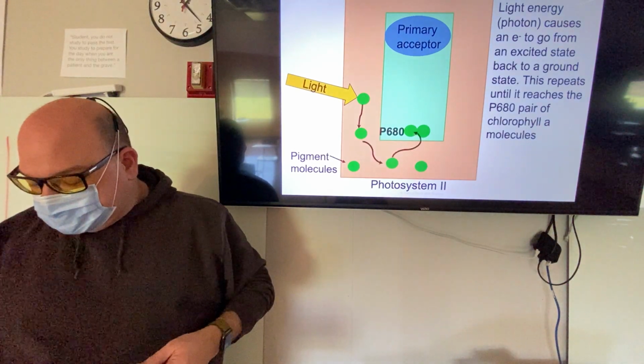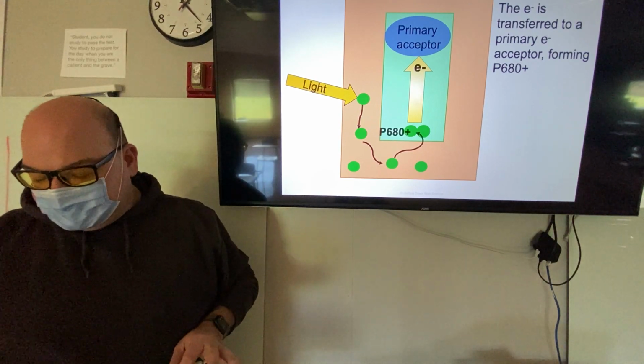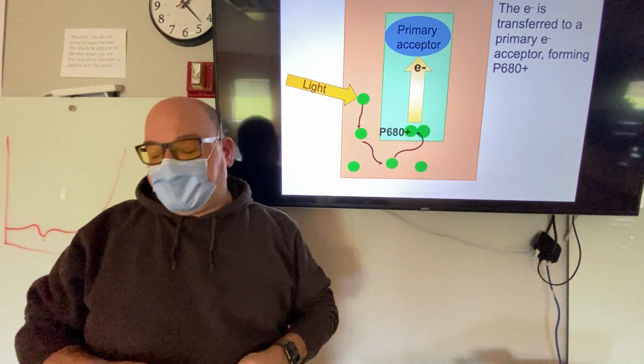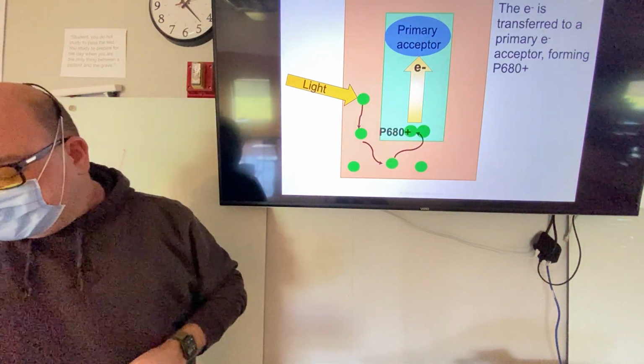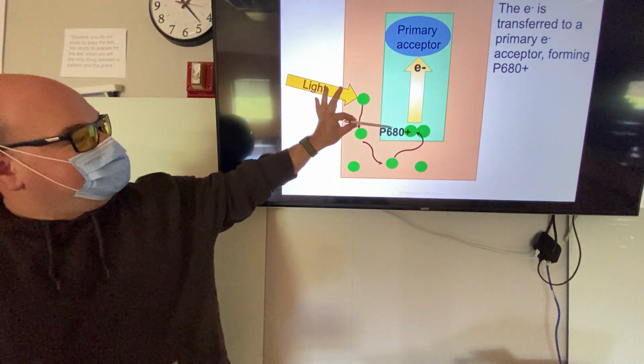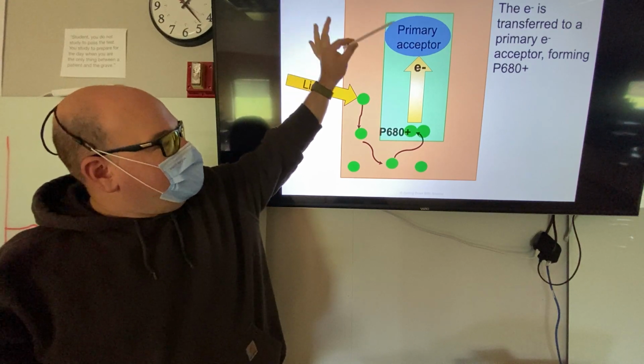Watch. So the light carries that until that electron gets excited to the point where it gets accepted by what's called the primary acceptor. Once it gets enough energy, the electron is carried up to the primary acceptor.